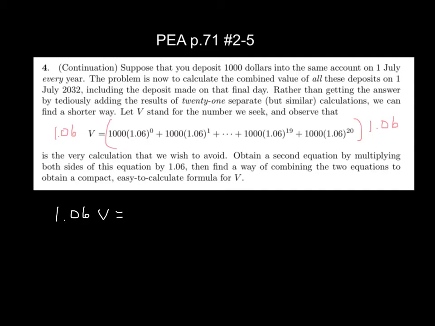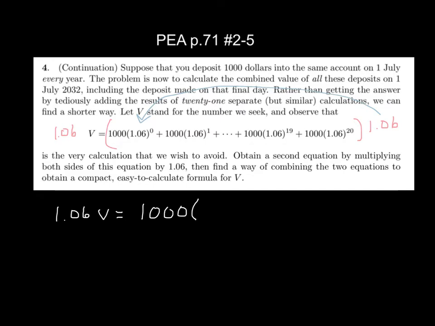Now, when I multiply this first, I have to distribute this, right? So this has to be distributed over every term here. If I distribute the 1.06 times this first term, what would I end up with? What would my term look like? I'd still have 1,000 times, and what's the only thing that's going to change there?